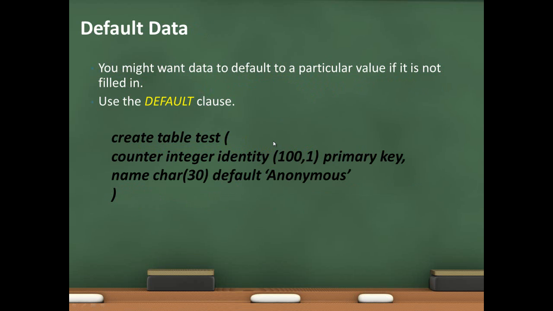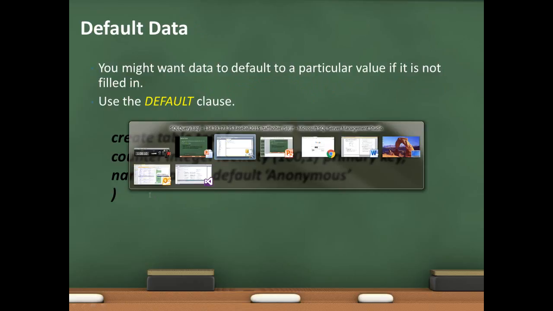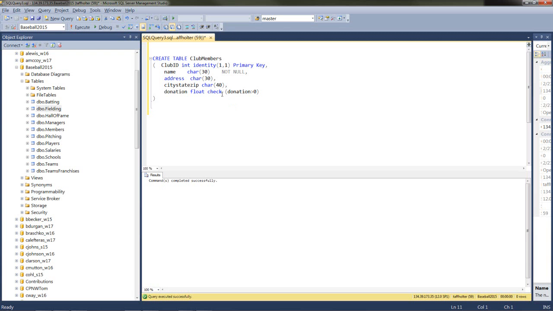Default data. So what I might want to do is say if a user doesn't put a value in, then I might want to default that data to a particular value. So what would I do over here on my design on this side? I might want to come back in here and say, you know what, if my user doesn't put city, state, or zip in, I want to default it to Spokane, Washington 99207.